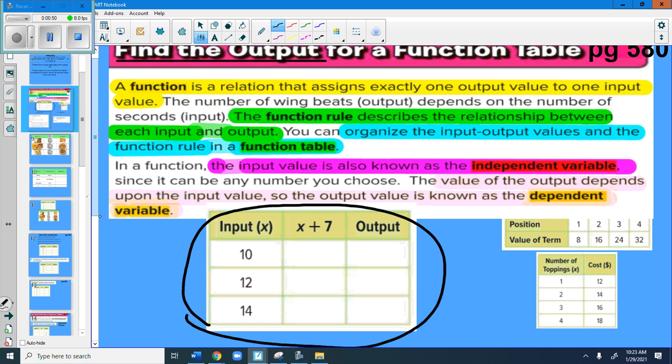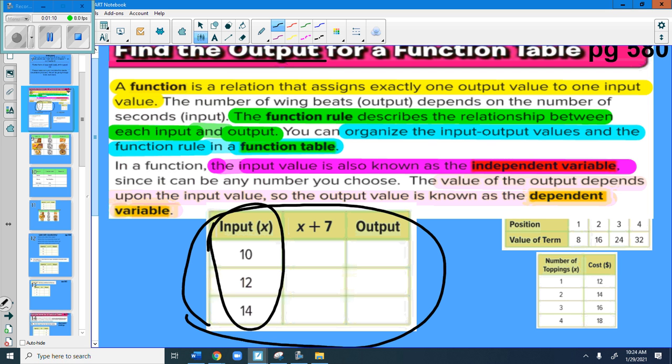Here we go. Now, some things to notice about a function table is this is the input value. The input value is also known as X the majority of the time. And the input value is also known, listen, as the independent variable.